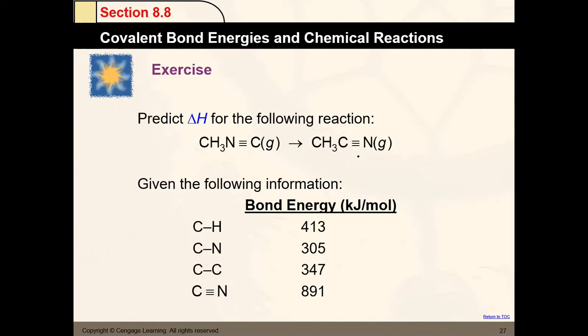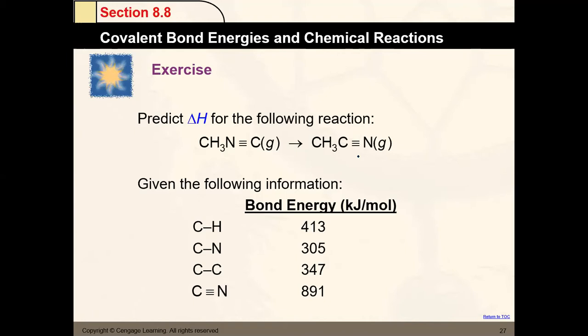Here we have CH3, C triple N, sorry, N triple C. It's not the same thing. Look at the bond energies. C-H costs me 413.